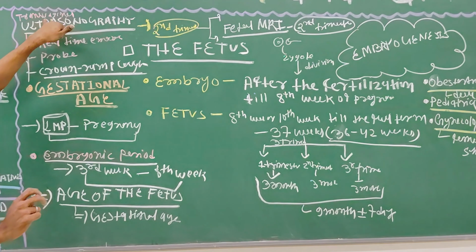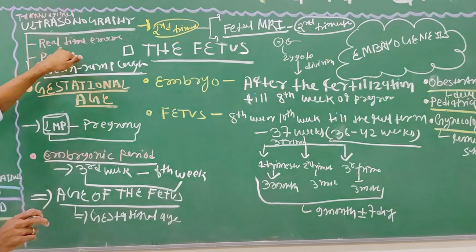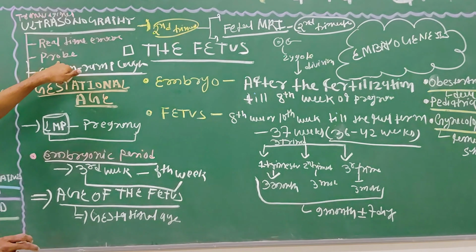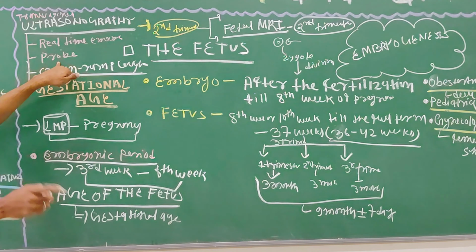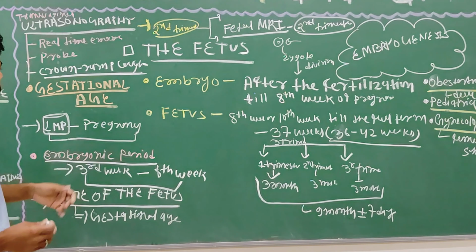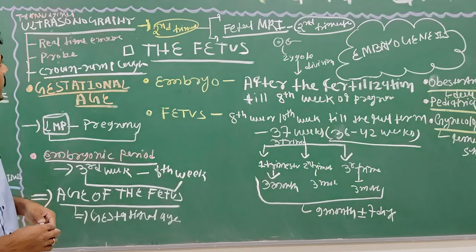One type is transvaginal ultrasonography. It generates a real-time image. It utilizes a probe, which is inserted into the vagina, and the image appears on the monitor. We said transvaginal ultrasonography can start in the first trimester itself, but the second trimester is optimum to use.